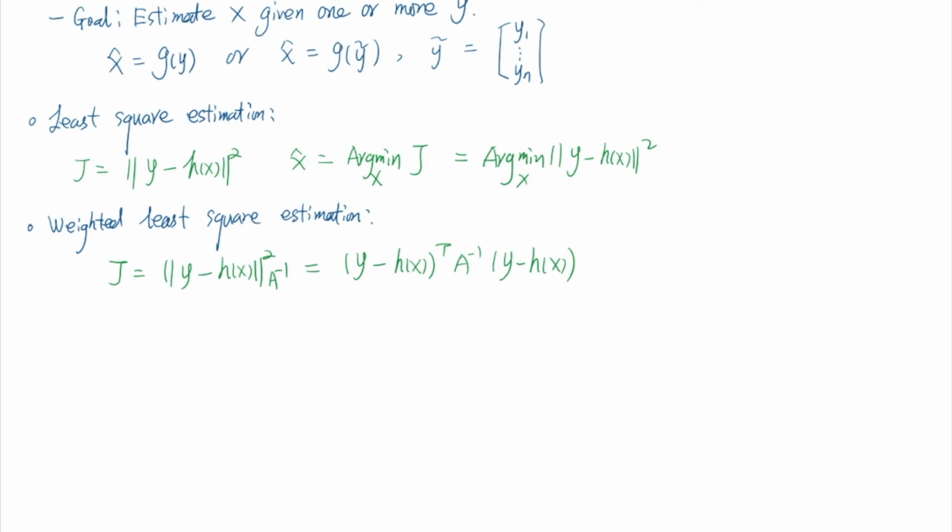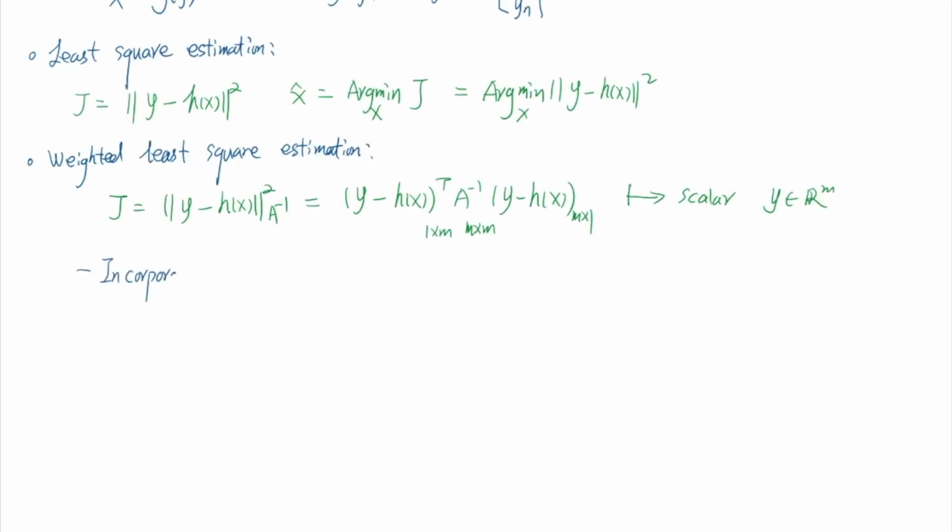Here we want to make it very clear that the result of this expression is just a scalar. We can consider that y is an m-dimensional vector, and therefore y minus hx is m by 1, and A inverse is m by m, and therefore the transpose is 1 by m. So the result is just a scalar.